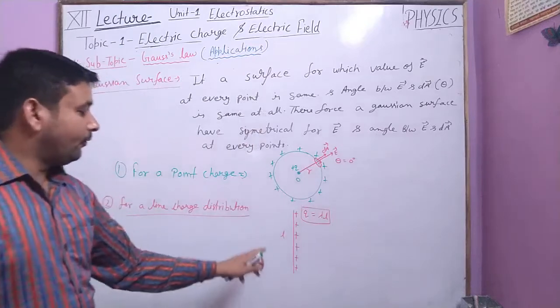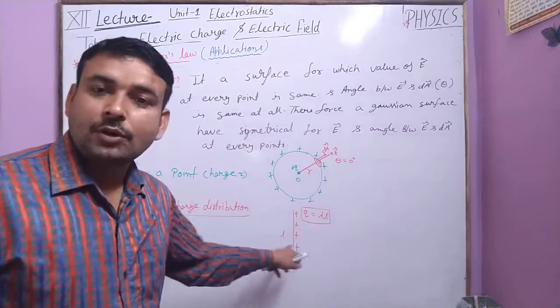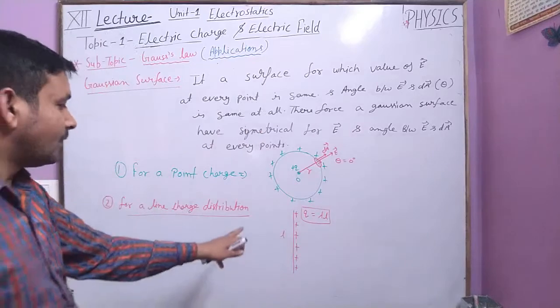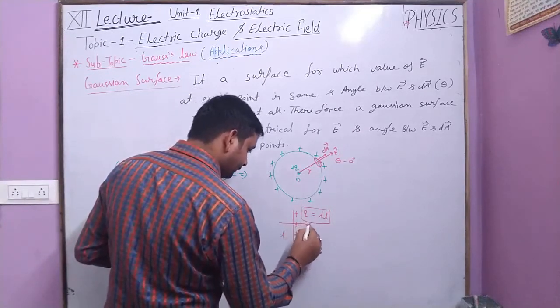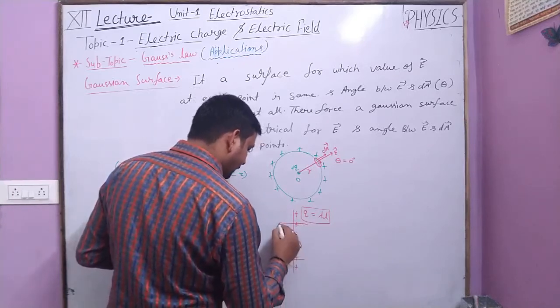So if we need to calculate the electric flux for the linear charge distribution, you need to consider a Gaussian surface like a cylinder.